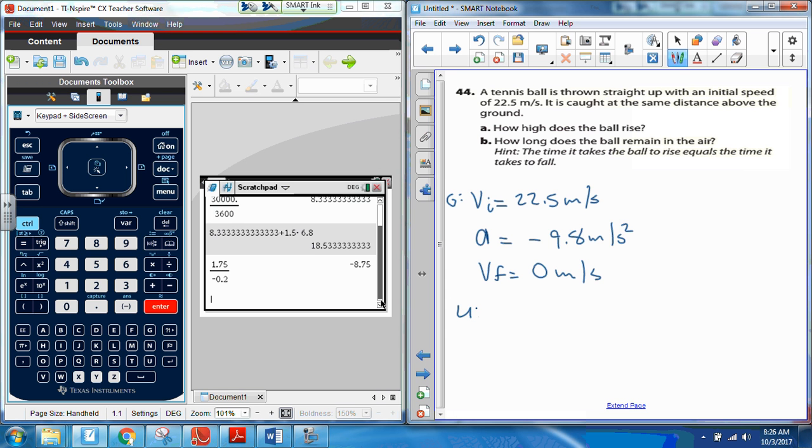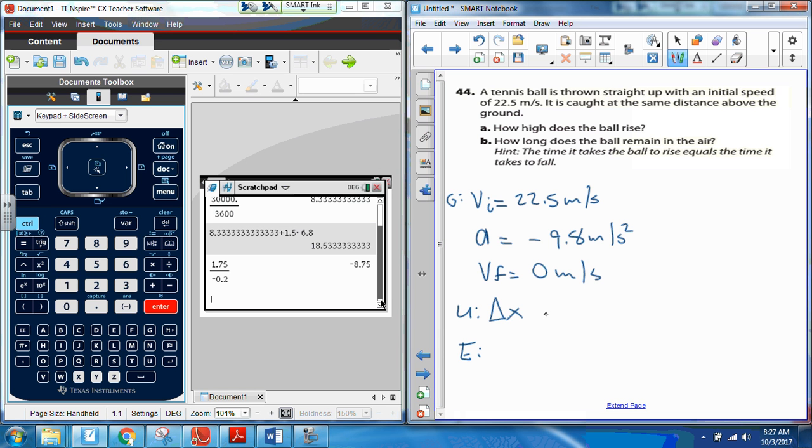Okay, the unknown that they wanted us to figure out is how high does the ball rise? So what is that going to be? That's right, it's the x. The x is the distance or the displacement. If I know the distance that it went and I know the direction, it's called displacement, right? All right, equation.